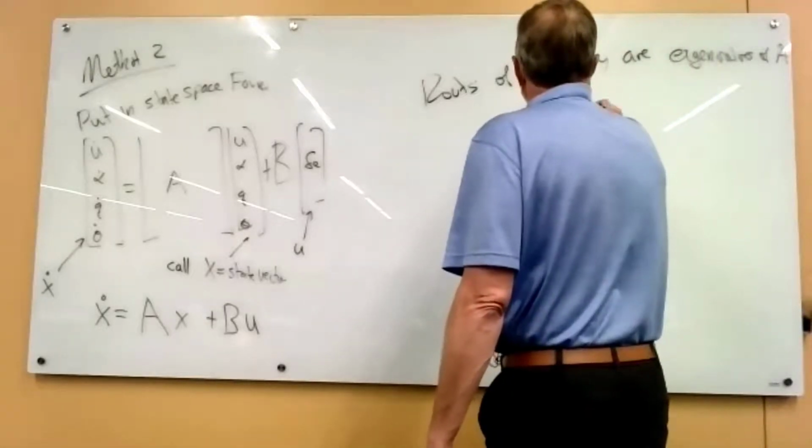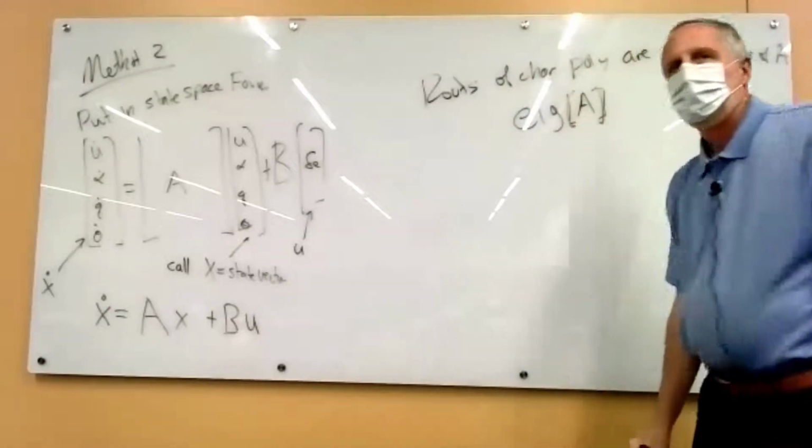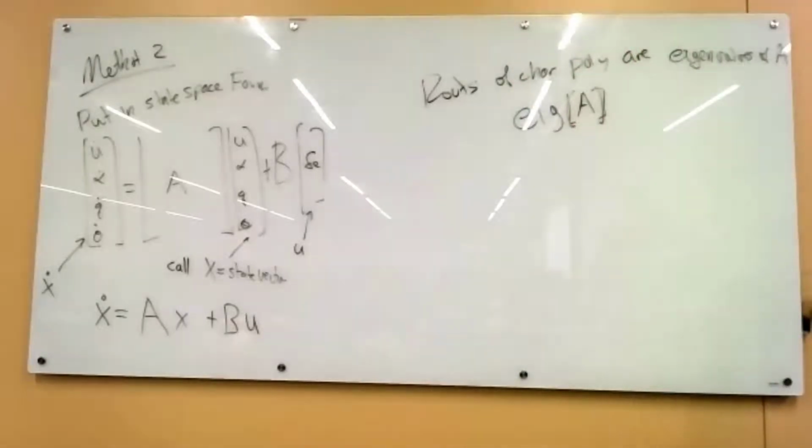So you got to feed A in, but there you go. But of course, you need a computer program to calculate the eigenvalues of that matrix. If you had to do it by hand, it would probably take as much time as doing all the other stuff, the other method. So this method is newer because for big systems, you need a computer to calculate the eigenvalues. Although there are methods to do that by hand as well.